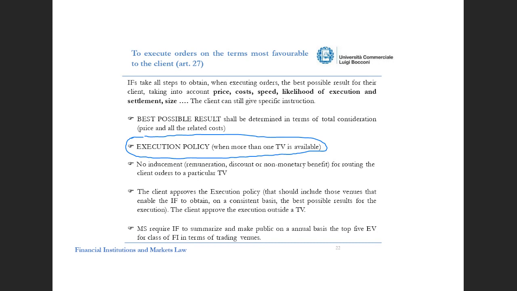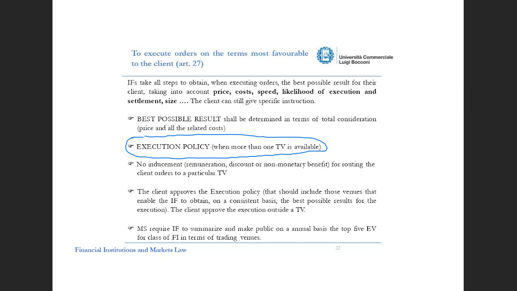So this is the second sort of, it's much more articulated than what I am explaining, but this is sufficient for my purpose, that you know that you have suitability and appropriateness, then a best execution regime, and this is the second sort of cornerstone of conduct of business rules protection under the MiFID regime.